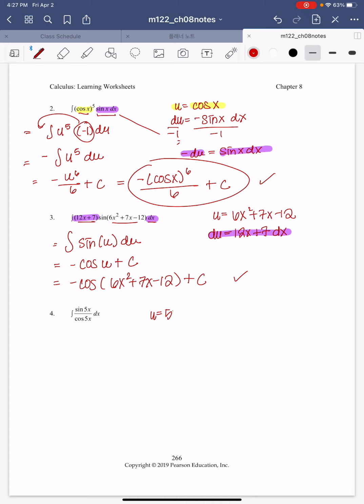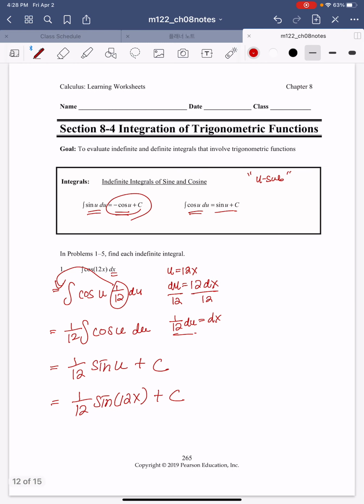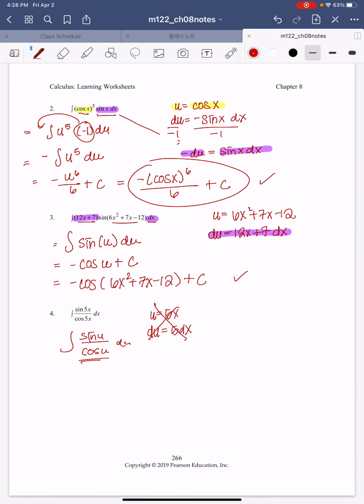If I have 5x, I have du as 5 dx, and that doesn't really help me because in this case we still have a sine u and then cosine u, and I don't know how to take the derivative of this. I only know the separate ones, sine and cosine, but not as a fraction. So my u will not work nicely when I set 5x.